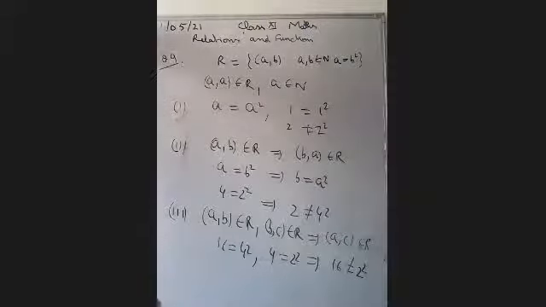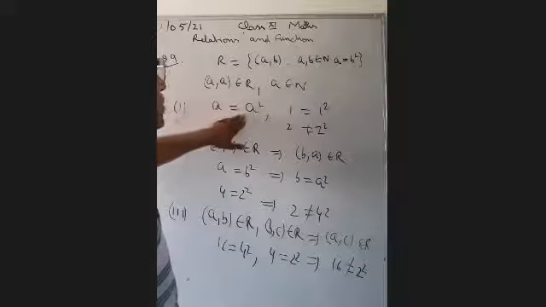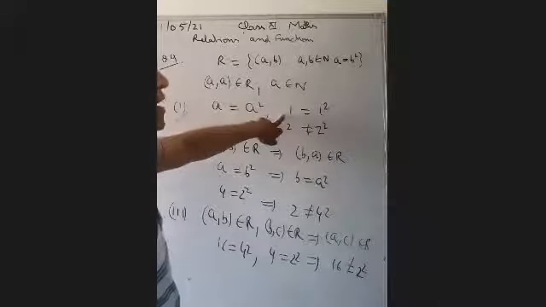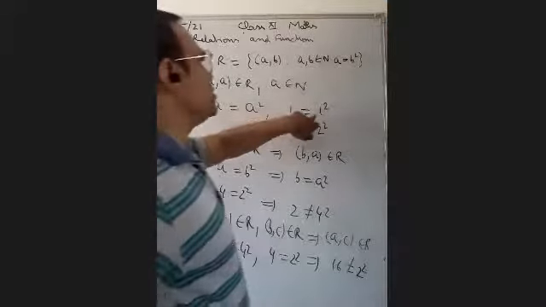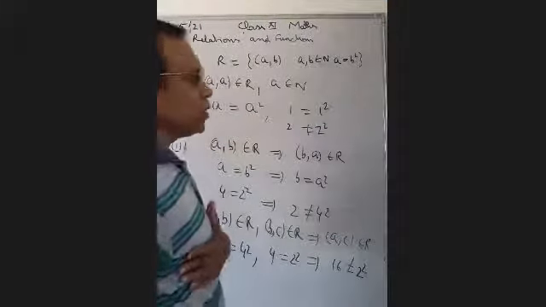In the first part, they gave you the condition A equal to A square. Now A equal to A square, yes, it is possible for one only. I give the example, 1 is equal to 1 square, but if we do the square of any other number, it is not possible.